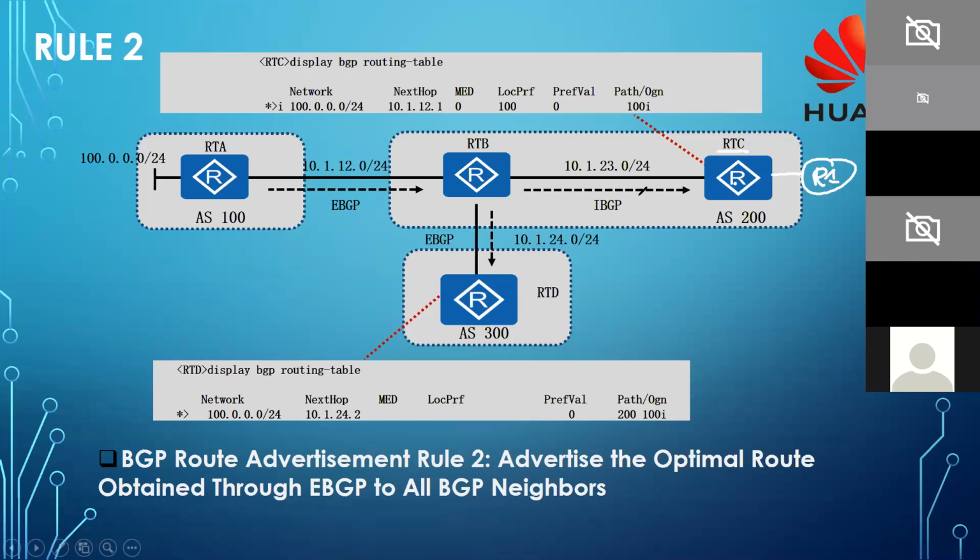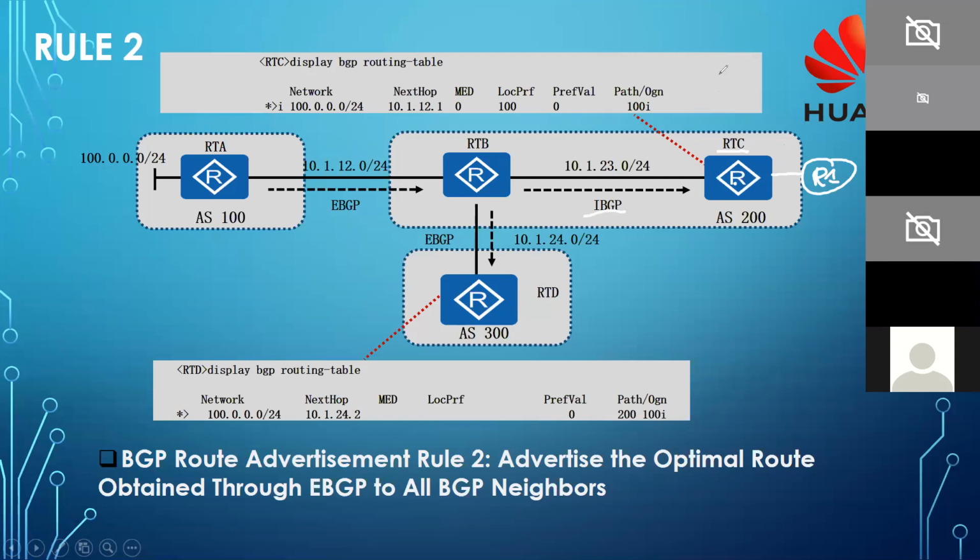When RTC receives the route from RTB via iBGP, RTC can't advertise it to R1. It's prohibited. We can't advertise a route received via iBGP to an iBGP neighbor, but we can advertise an iBGP route to eBGP.